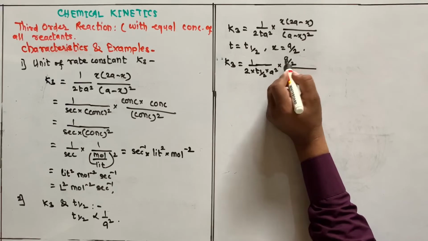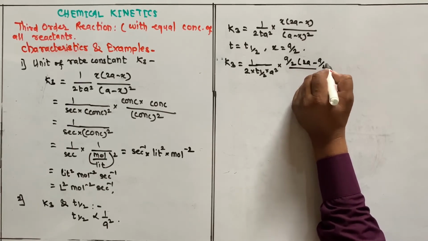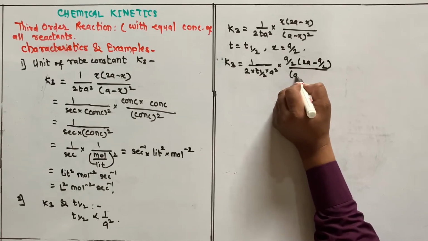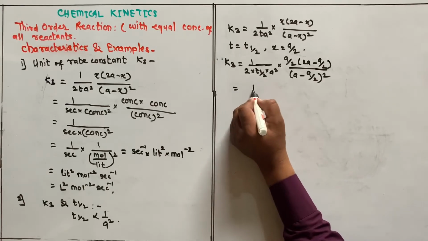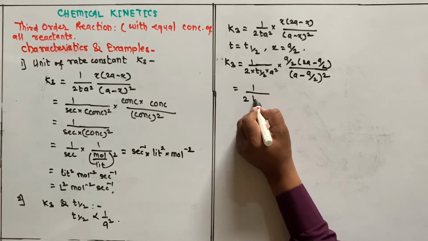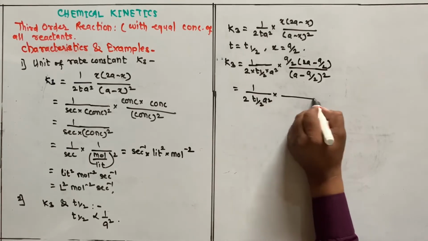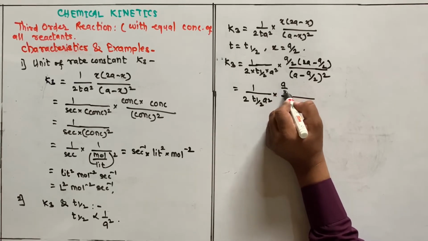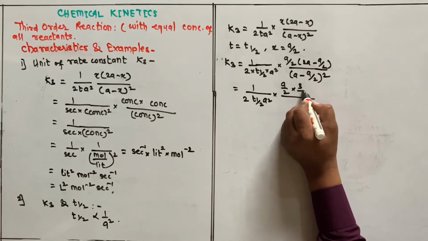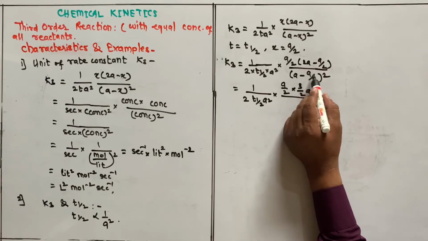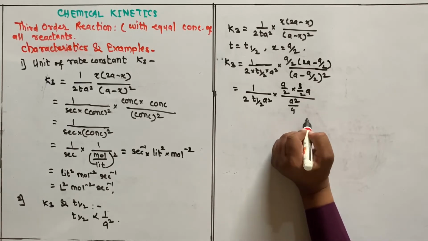Instead of x, write a by 2, in brackets 2a minus x means again a by 2, divided by a minus x, meaning a minus a by 2 square. If you solve it, it is 2 times t half into a square. Then this a by 2 remains, this 2a minus a by 2 is equal to 3 by 2 a, and a minus a by 2 whole square is a square divided by 4.